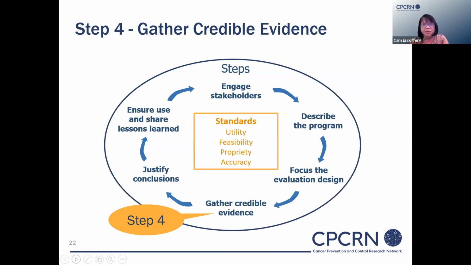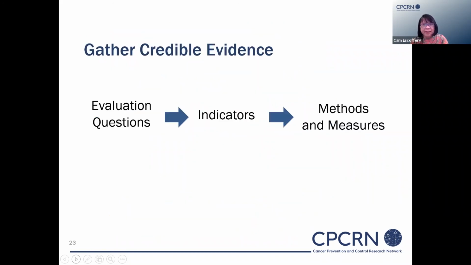And I'm going to keep moving on to our next step, which is gather credible evidence. So after we design our process and outcome evaluation questions, we actually want to collect the data. And I really like the way that we frame this presentation because it's really trying to get you to think about what's the most important thing that you want to find out.